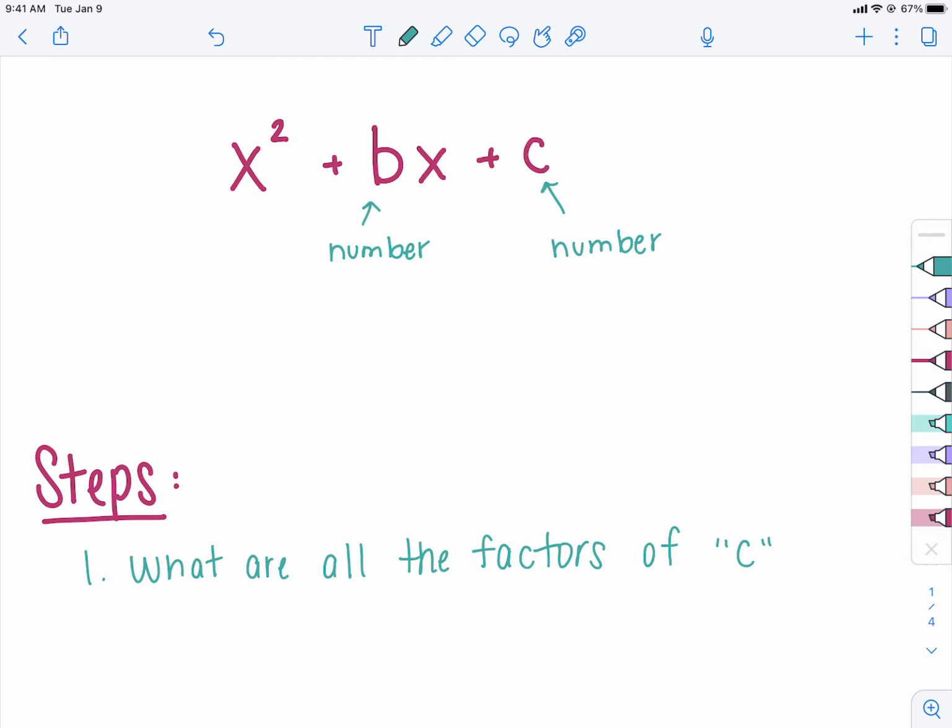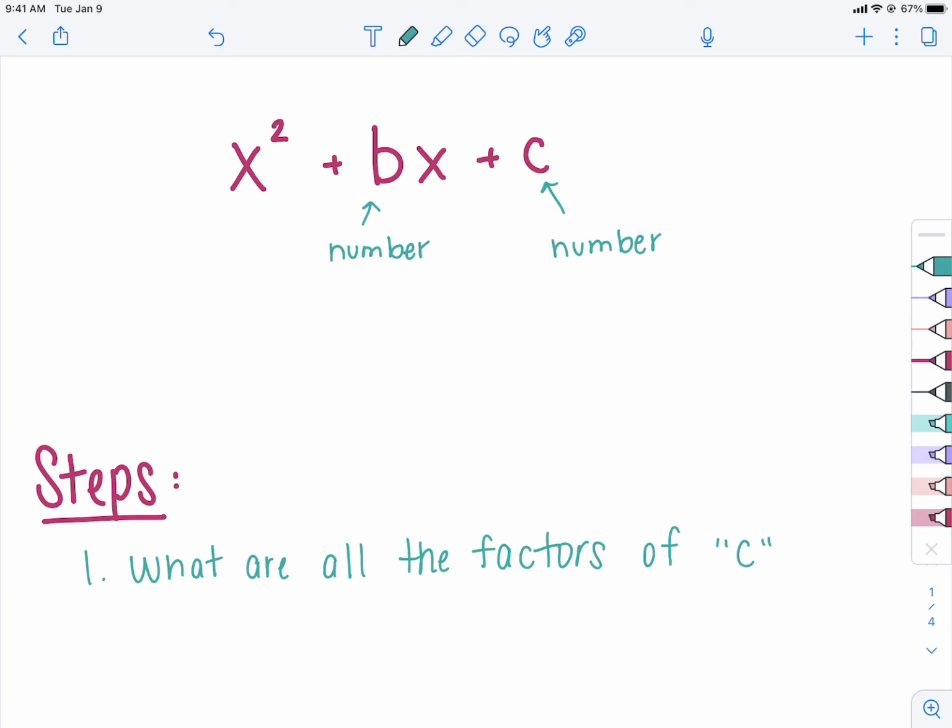And C is always going to be our last number, our number that's all by itself, our constant that doesn't have any variables. And a factor is just a fancy math word for numbers that multiply. So we're just going to look for all the numbers that multiply together to give us C. And we're going to list those all out so that we can see them.